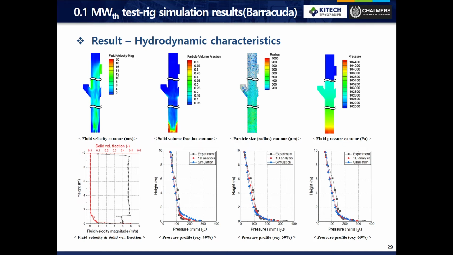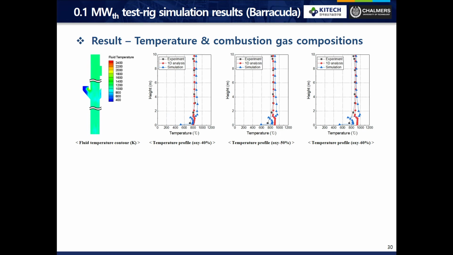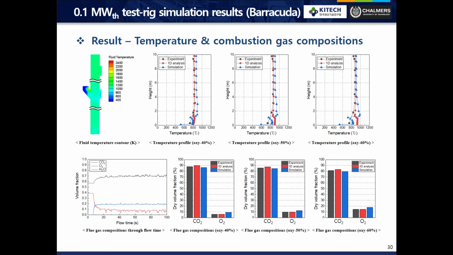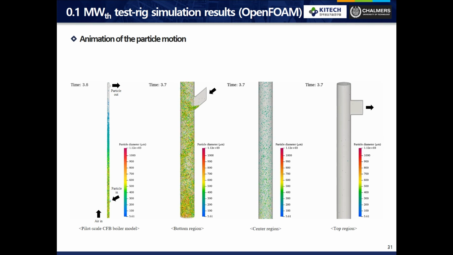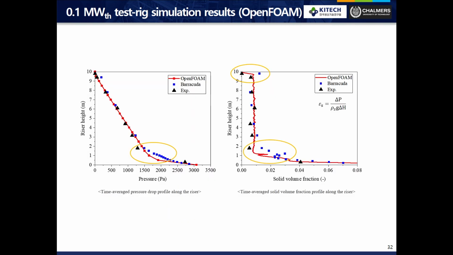Yeah, we can do trial and error, but with this 1D simulation co-simulation method, it's very easy to find the correct problem definition conditions, so temperatures and gas compositions. It's very nice. And we conducted the simulation with OpenFOAM, and you can see that in this case, it shows a similar result with the experiment and Barracuda.